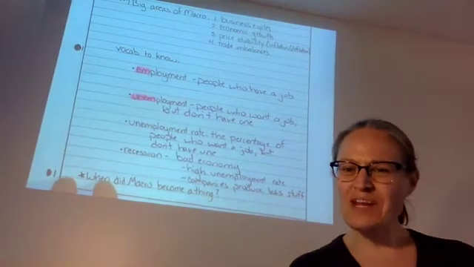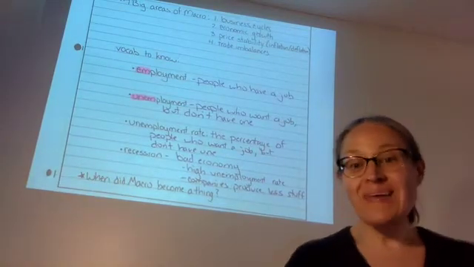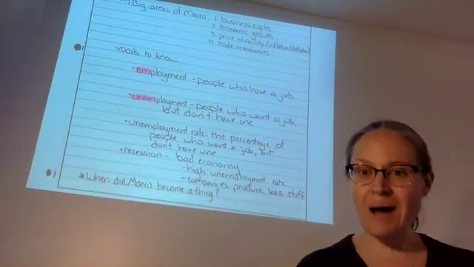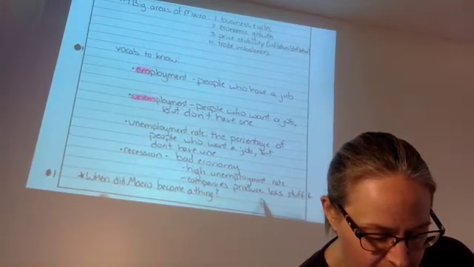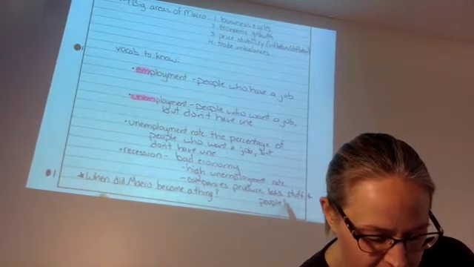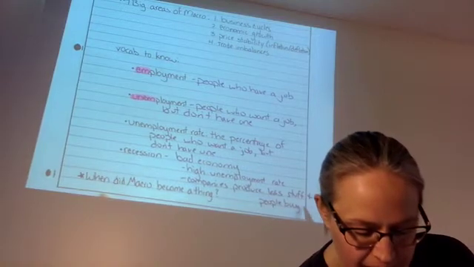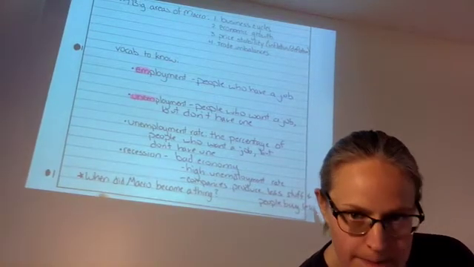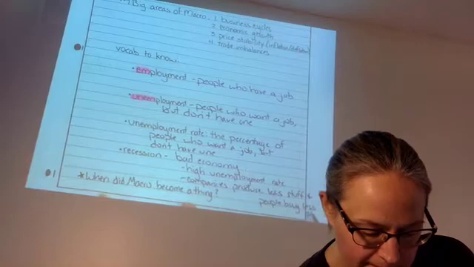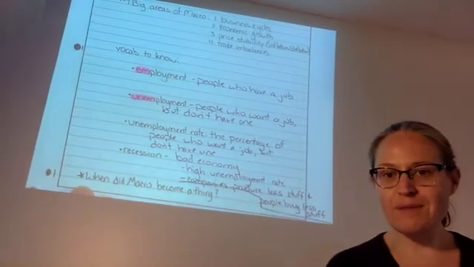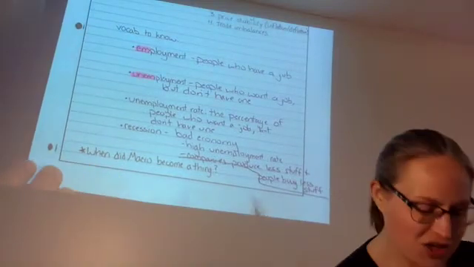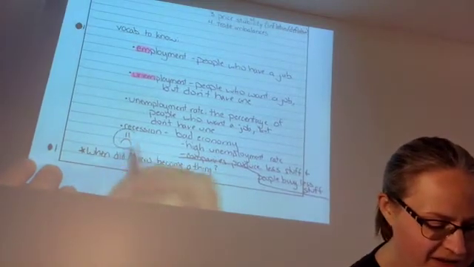And why are companies producing less stuff? Because people are buying less stuff. So companies produce less stuff and people buy less stuff. And the biggest thing to remember about a recession is it gets a big old sad face.